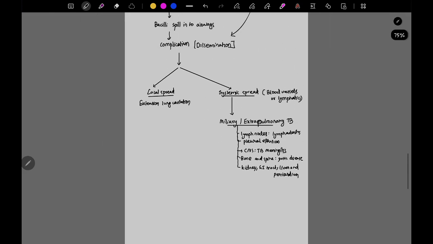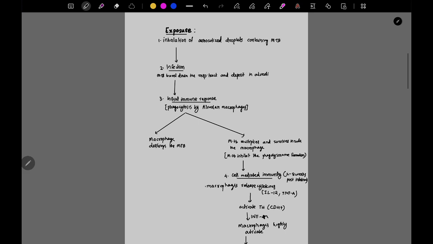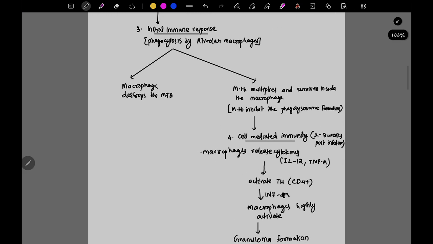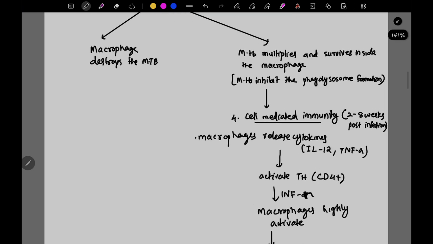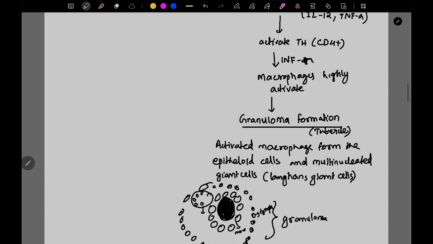So this is the pathophysiology of tuberculosis. First there is an exposure, then infection occurs, then the initial immune response can lead to complete destruction of bacilli, or there is a cell mediated immunity that leads to granuloma formation.